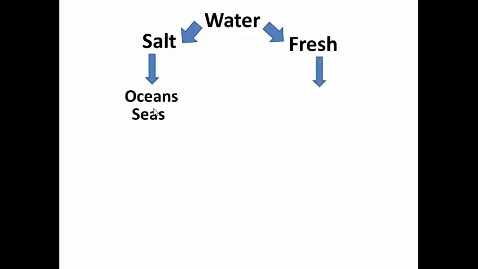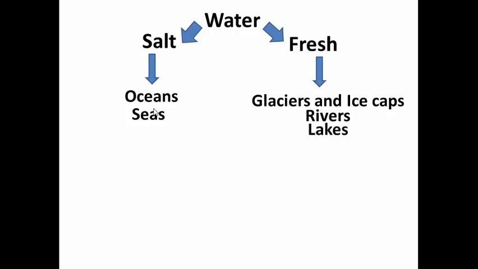But fresh water, we have many examples of this. Glaciers and ice caps are fresh water. Rivers are fresh water. Lakes are fresh water. Ponds. All these are fresh water.